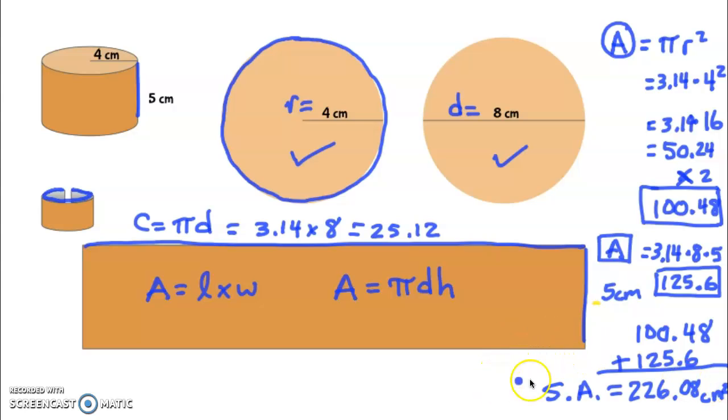And that's how we find the surface area of a cylinder. Two identical circles plus the side of the tube or the lateral surface, which is found by doing pi d times h.